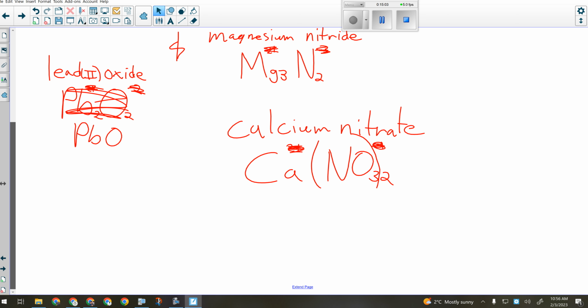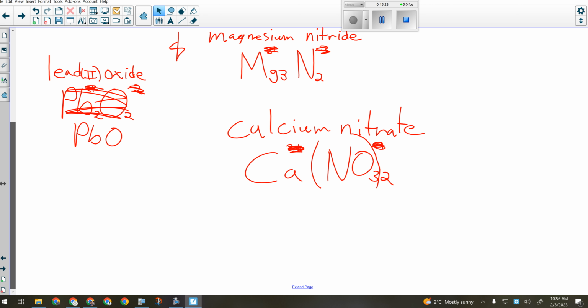It works like math. I enclose something in brackets if I want the number beside it to apply to everything in the brackets. This says that there's 1 calcium and 2 nitrates, rather than saying 1 calcium, 1 nitrogen, and 32 oxygens, which is vastly different than this.